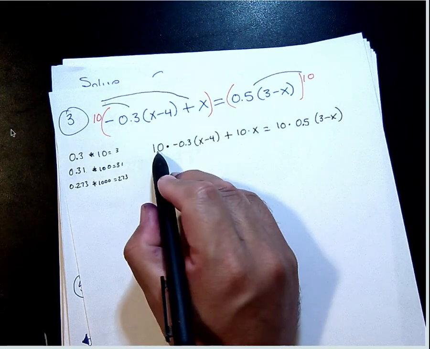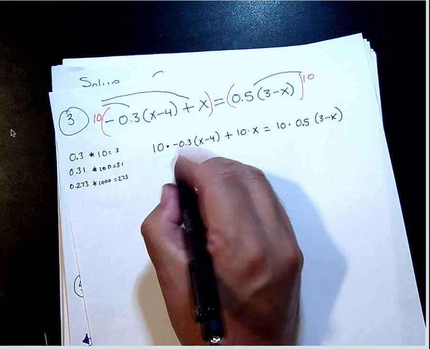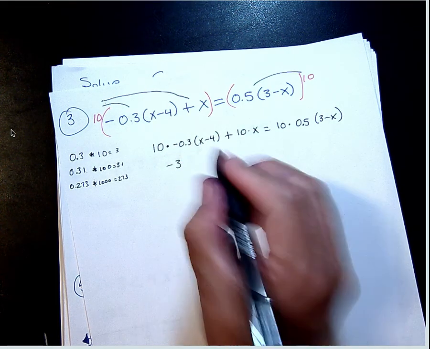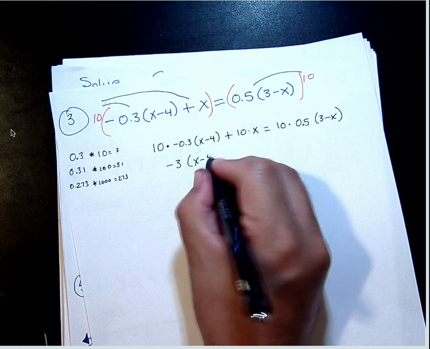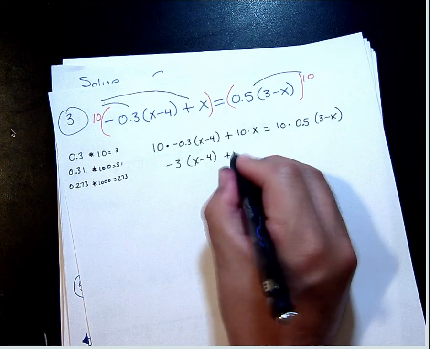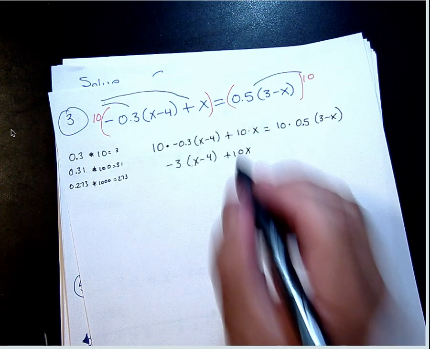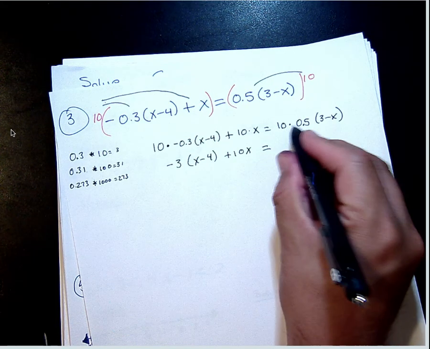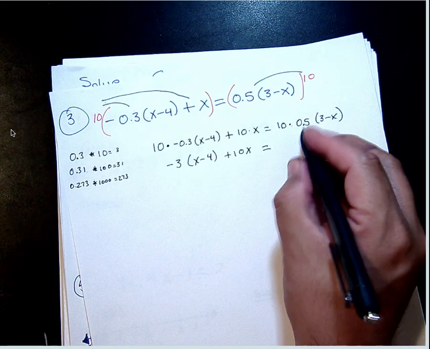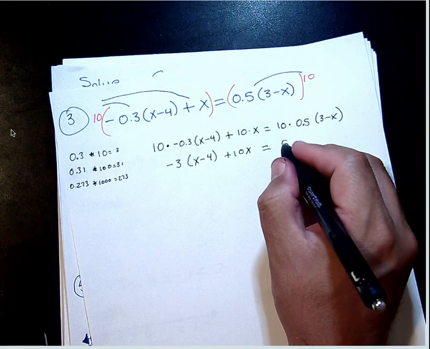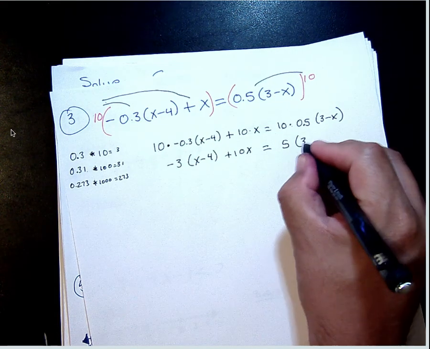Okay, so 10 times that gives you negative 3 times x minus 4, and then that was just 10x. On this side, 10 times 0.5 gives you 5, and then you have 3 minus x.